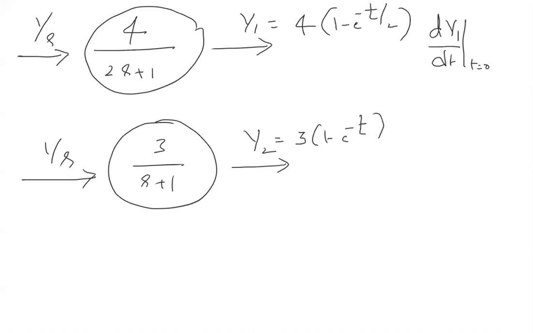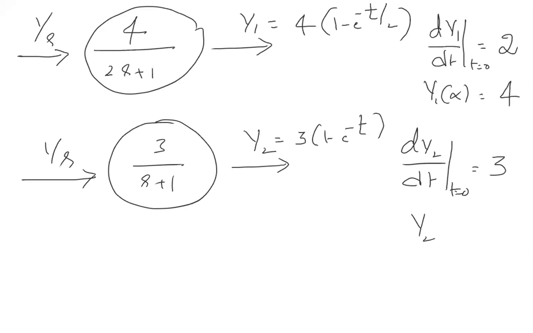This will give the slope. dy1 by dt at t equal to 0 is 2. dy2 by dt at t equal to 0 is 3. What is y1 of infinity? 4. What is y2 of infinity? 3.